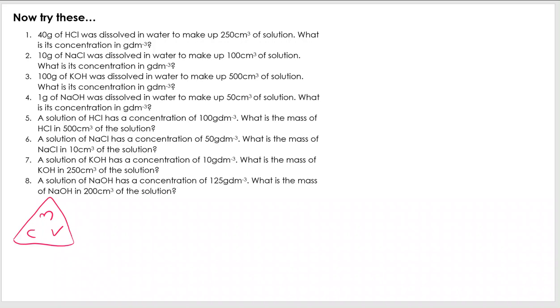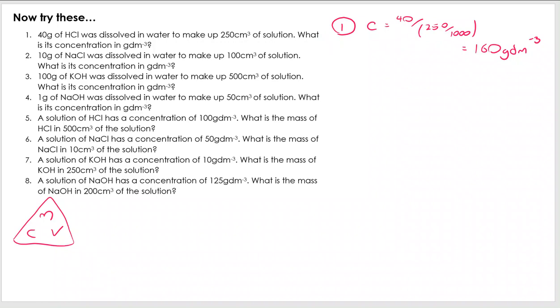So in the first one, we're calculating concentrations. That's M divided by V. What you will notice is I've converted my volume from cm cubed to dm cubed. I've divided by 1,000. And that's because concentration is in grams per decimetre cubed. You're going to see that that happens in every single example. I must convert my volume to decimetres cubed.